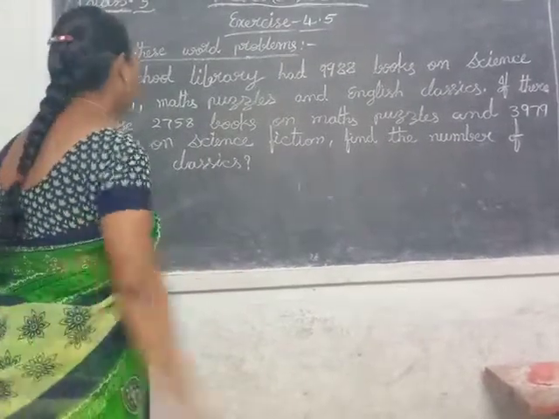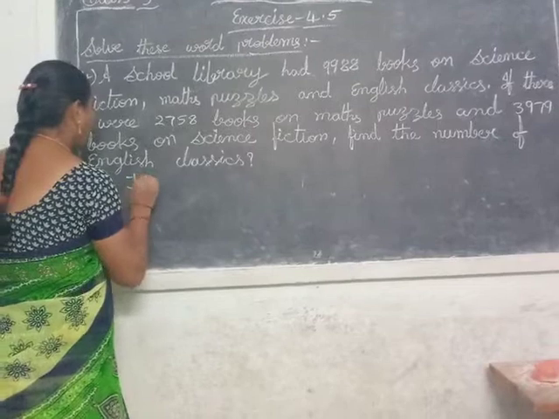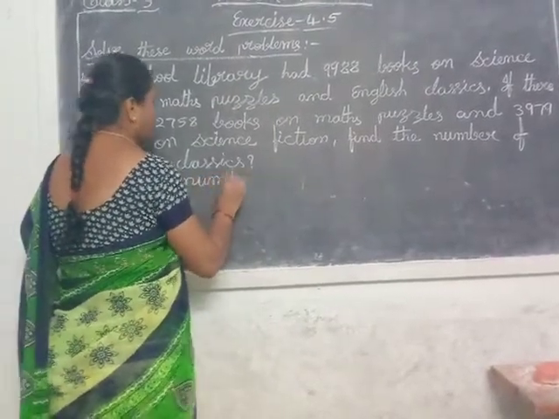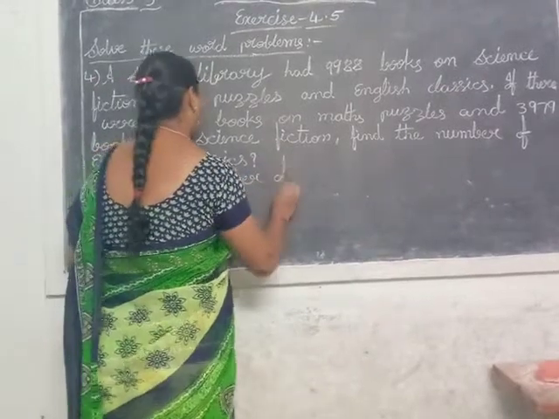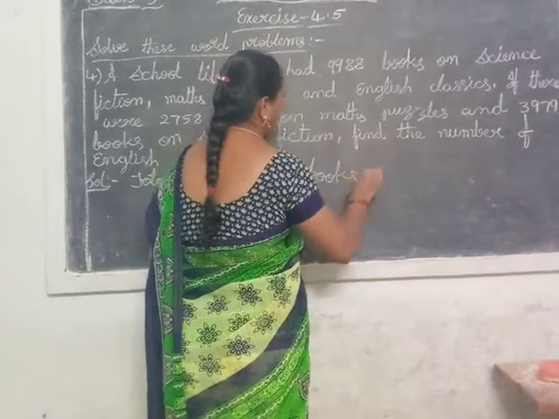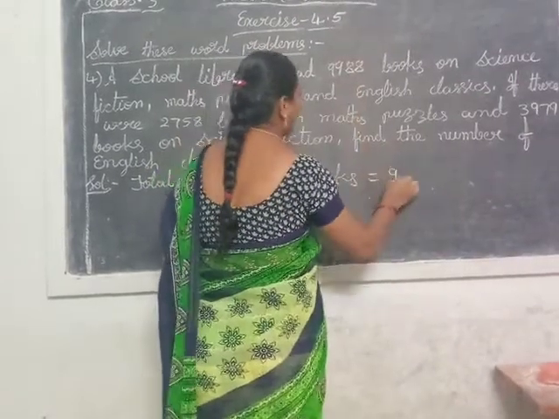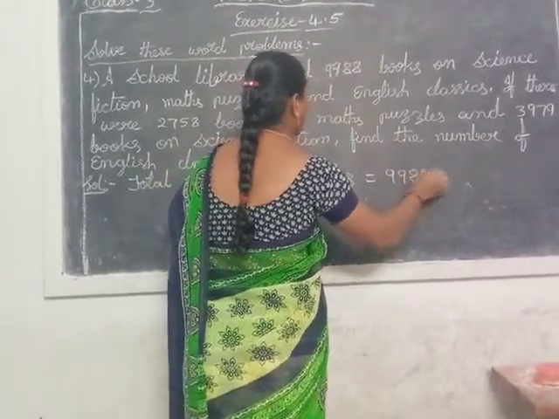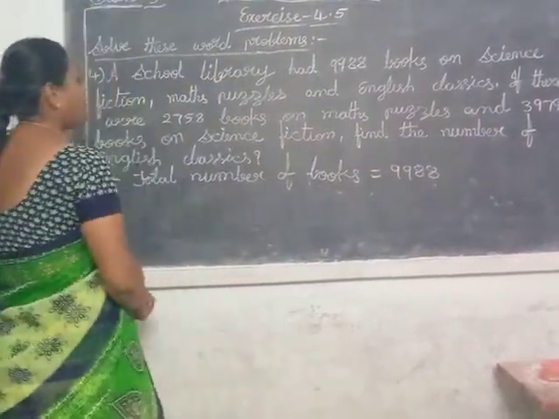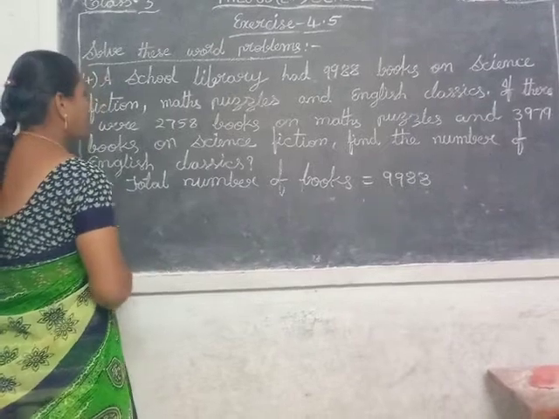Okay children, first write total number of books. Total number of books. First you write the total number of books, 9,988. So total books are here. Okay, here the number of books on maths puzzles.